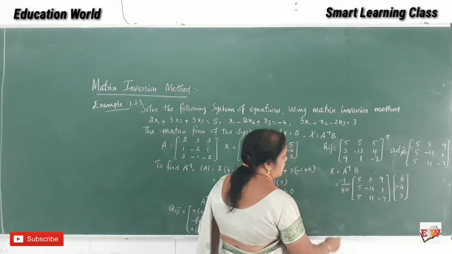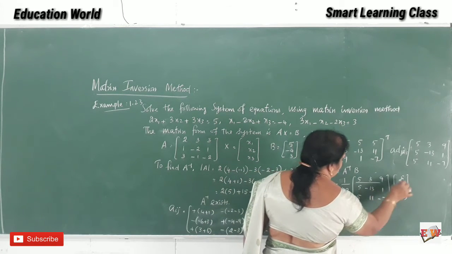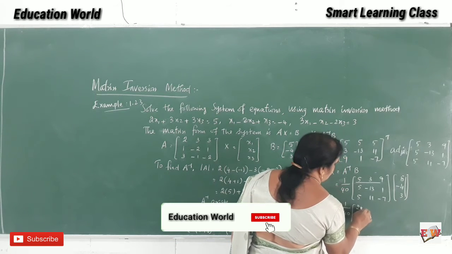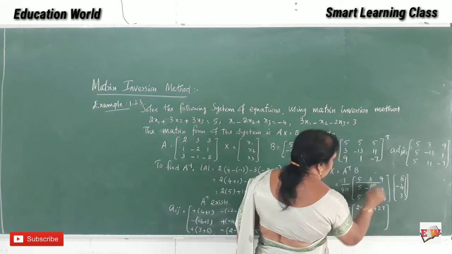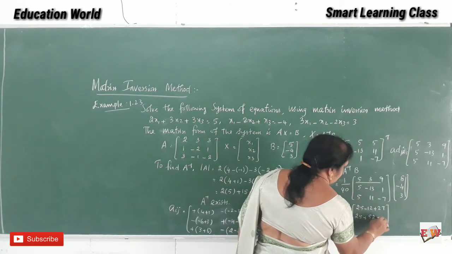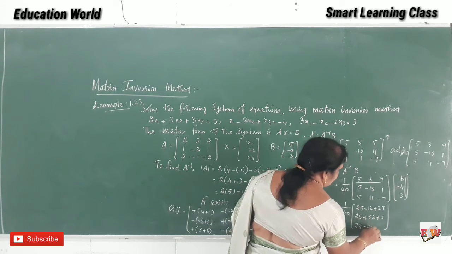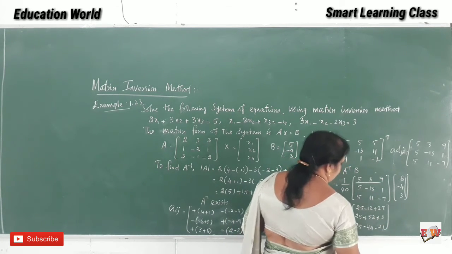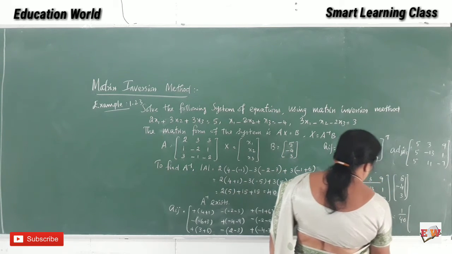This is B. Now usual matrix multiplication: first row and first column, 25 minus 12 plus 27; 25 plus 52 plus 3; 25 minus 44 minus 21.